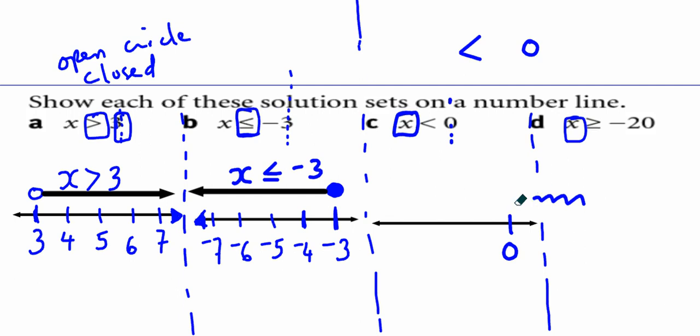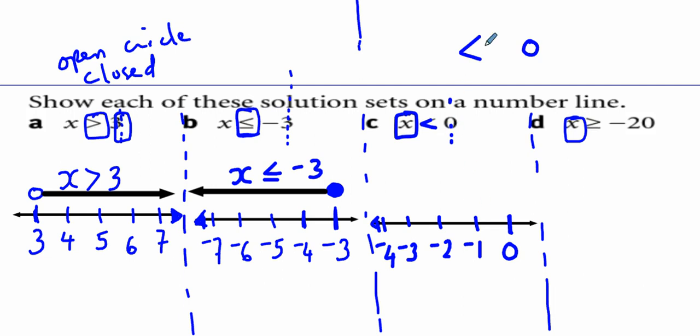But here, the concern is x, where x is all numbers which are less than 0. So all numbers which are less than 0 will be -1, on the left of 0, -2, to the left of 0, -3, to the left of 0, -4, and so on.